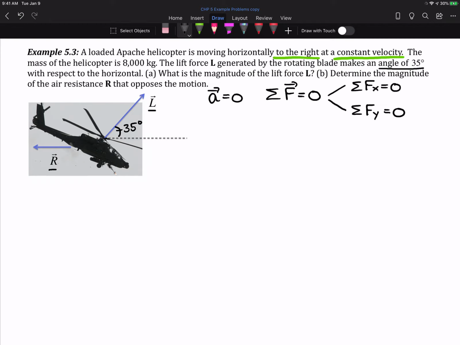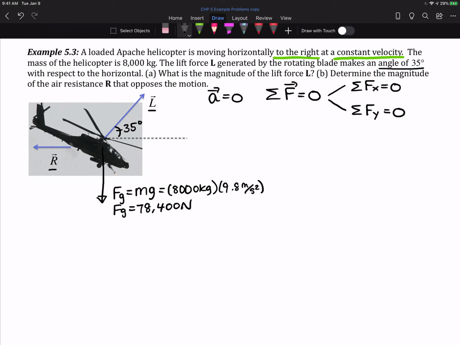And then we also know the fact that this helicopter has a mass of 8,000 kilograms. So we know that the force of gravity is acting on the helicopter, which is just its mass times the gravitational acceleration. So this is just going to be 8,000 kilograms times 9.8 meters per second squared. And so that gives us a force of gravity of 78,400 newtons.